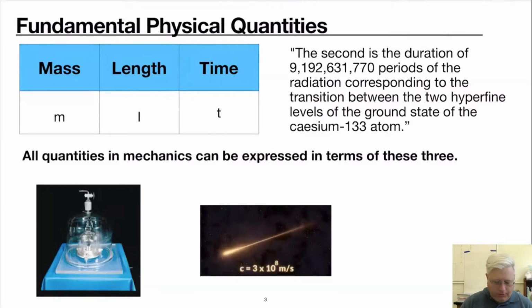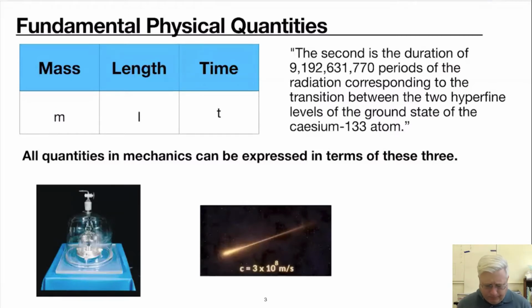These are some important symbols you'll start to memorize, because you're going to be using them so much. Usually we try to symbolize quantities with a symbol that makes sense, like lowercase m for mass, lowercase l for length, lowercase t for time. Occasionally it doesn't work out that way. Historically, somebody picked a weird letter because another one was already taken.